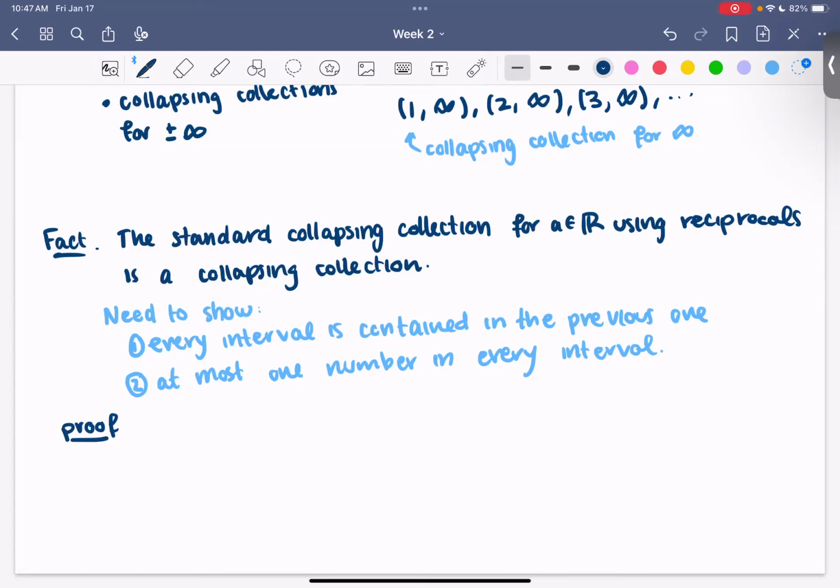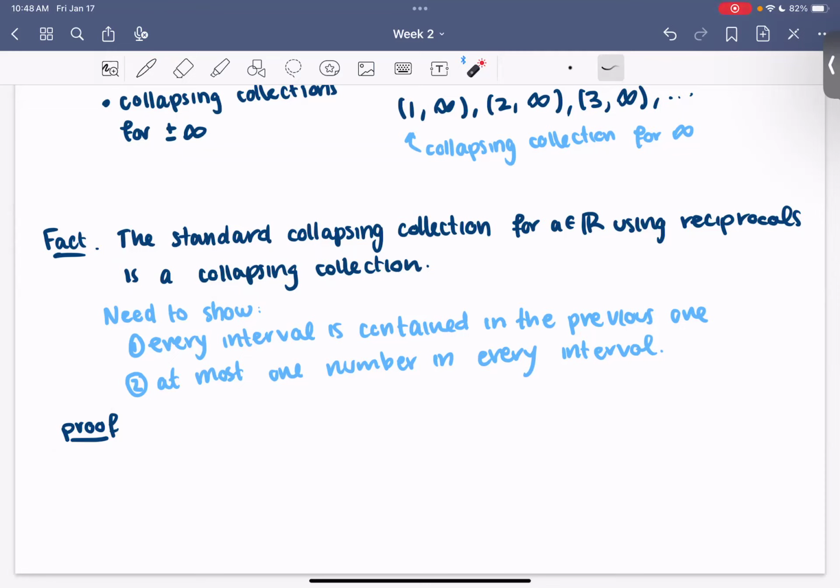So usually we start off by just writing this, and that indicates that right now we're going to make an argument. You will be expected to write arguments like this and justify claims.